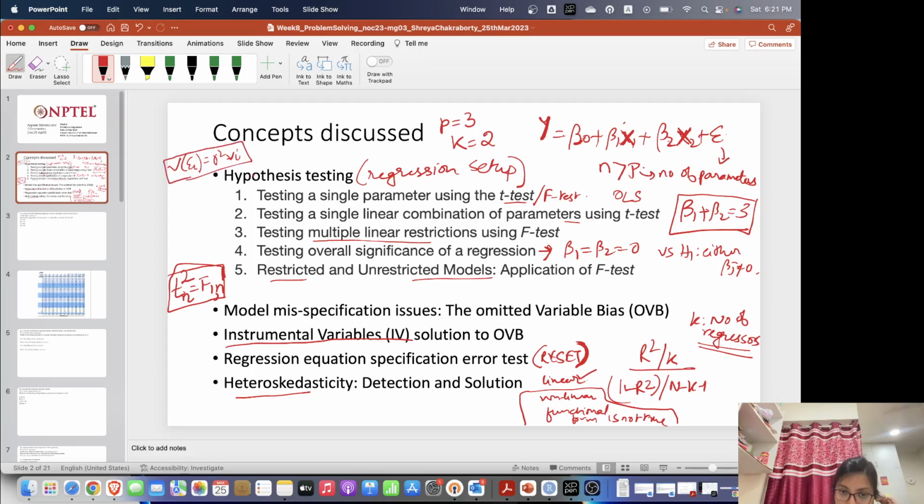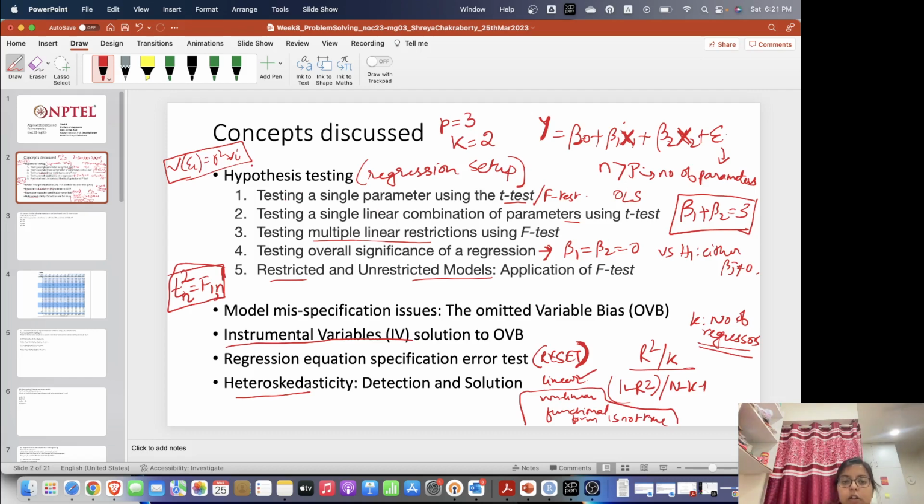The importance of this is, if this holds, then we know that the OLS estimates are unbiased and BLUE, the best linear unbiased estimator among all unbiased estimators. If this doesn't hold, then we cannot say that the OLS estimators are the best among all unbiased estimators.